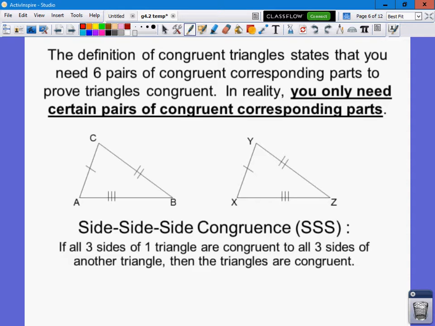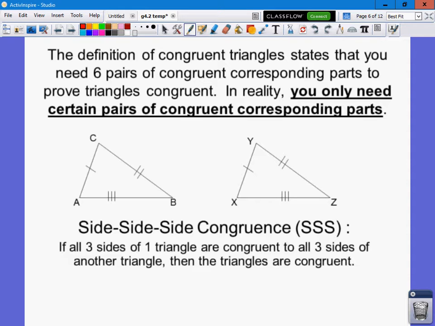Yesterday, when we talked about congruent figures, we said you had to have all of the sides and all of the angles. Today, we are going to talk about how you can prove two triangles are congruent without having three sets of sides and three sets of angles.